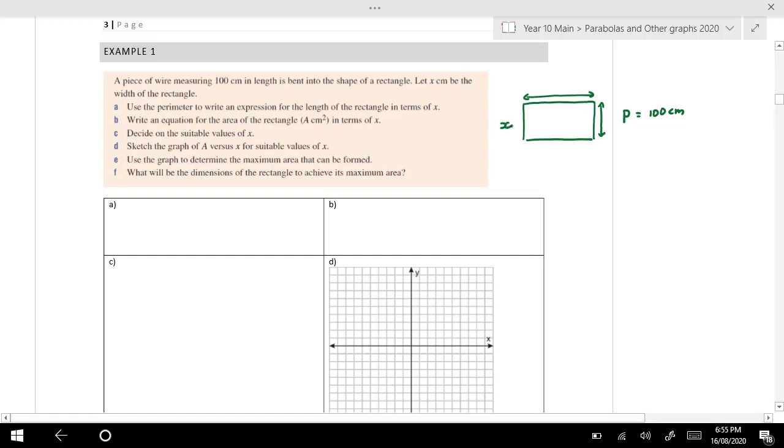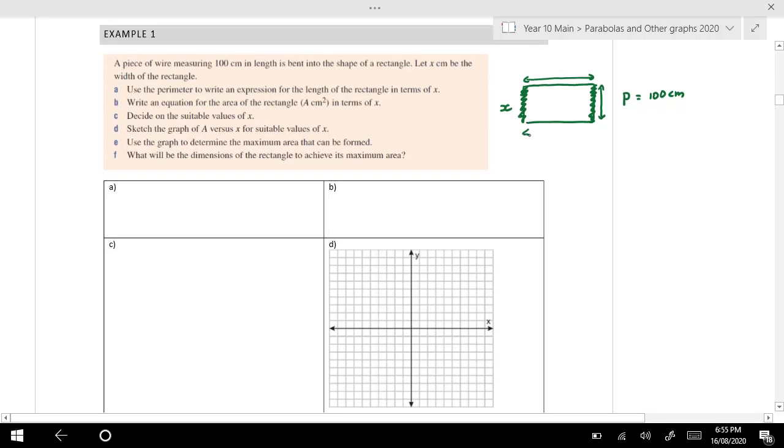Now we need to come up with some relationship. It says use the perimeter to write an expression for the length of the rectangle in terms of X. Well, we've got X here and another X here, and if I subtract 2X from 100, that would give me this length here.